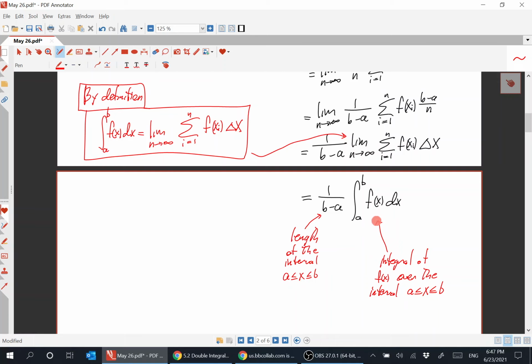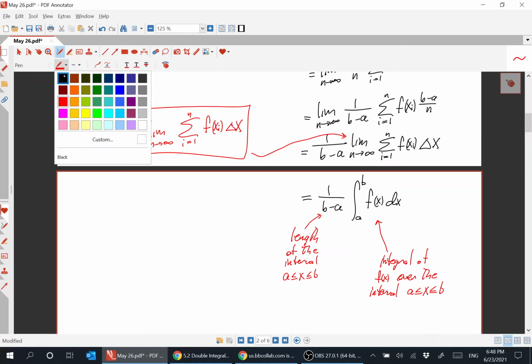So it's the integral divided by the measurement of the interval. The interval is the domain along which you are integrating your function.